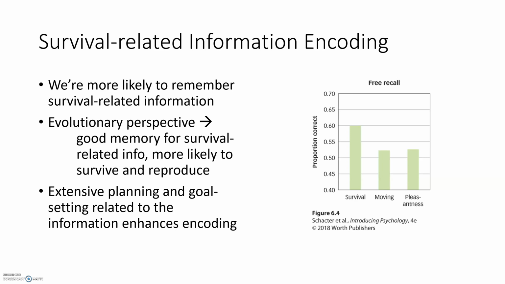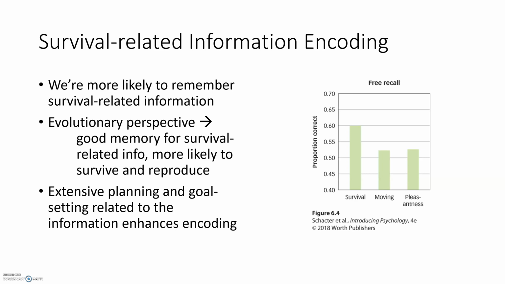This is a finding that aligns with an evolutionary perspective of memory encoding, that we're more likely to remember survival-related information. So here's some data from a study showing that if some information, like in a story, or if you're asked to memorize a list of items, things that are related to survival are more likely to be remembered.